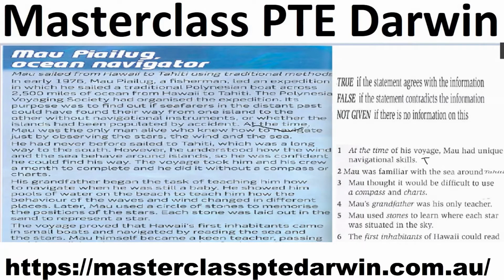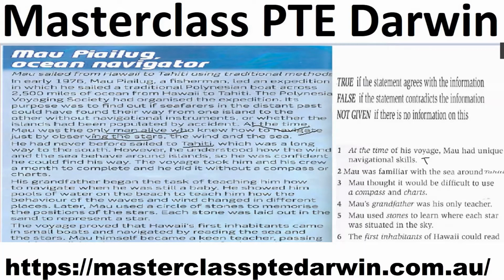So at the time, you see, at the time Mao was the only man alive who knew how to navigate just by observing the stars. So that means some unique skills.